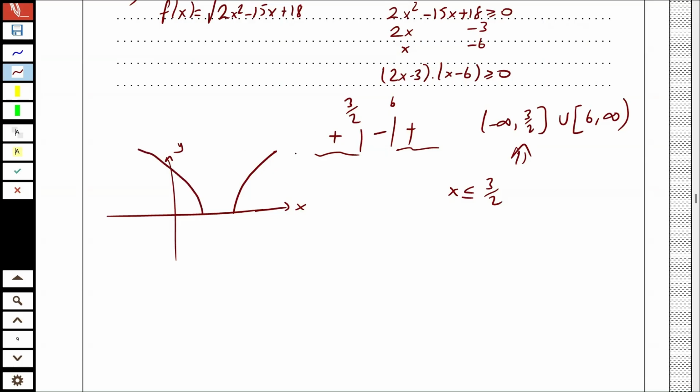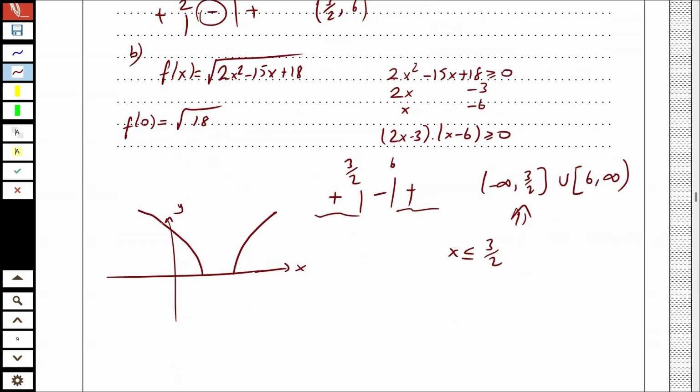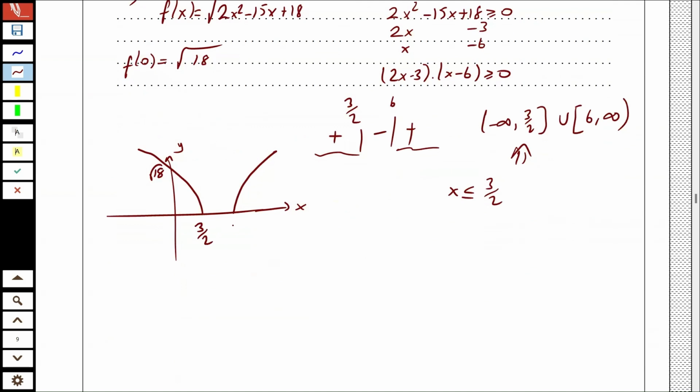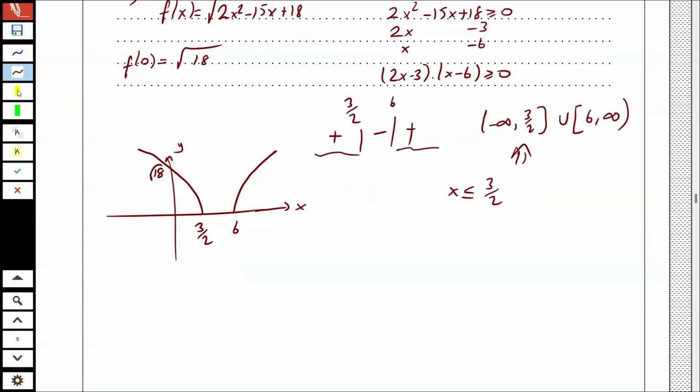And this y-intercept, if you substitute 0 into f of x, you will see that this is square root of 18. So here is square root of 18, here is 3 over 2, and here 6. So in this case, we choose the left side of the graph.